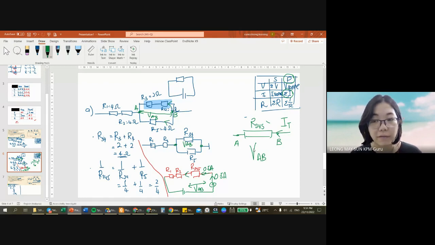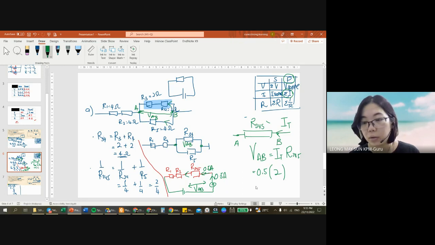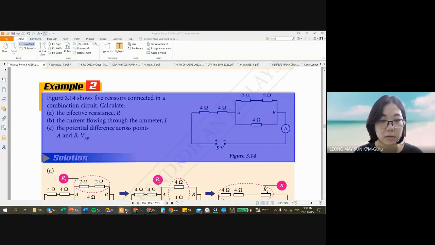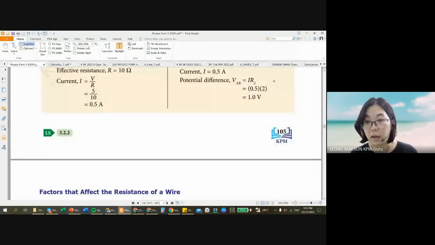So in order to find VAB, I multiply the current through the ammeter by the resistance of 3, 4, and 5. So VAB equals 0.5 multiplied by R345, which is 2 ohm just now. So 0.5 times 2 is 1 volt. So that is 1 volt.